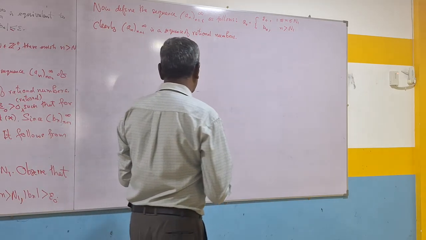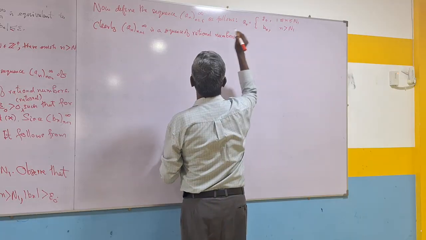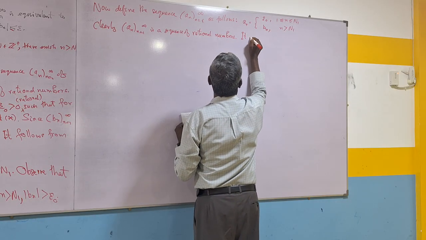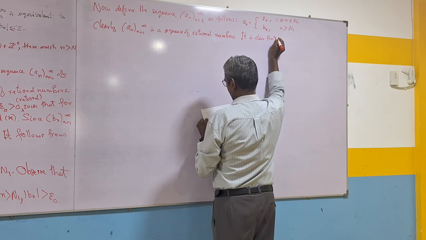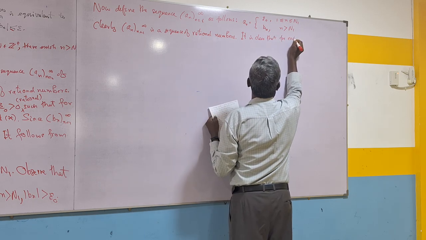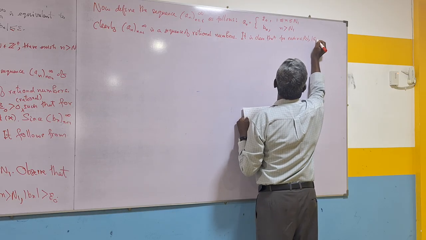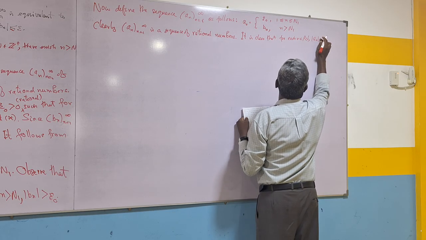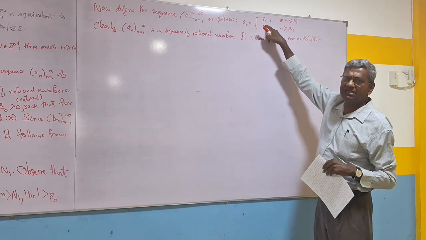It is clear that for each n belonging to N, mod An, can you see, mod An up to capital N1 is equal to epsilon 0.